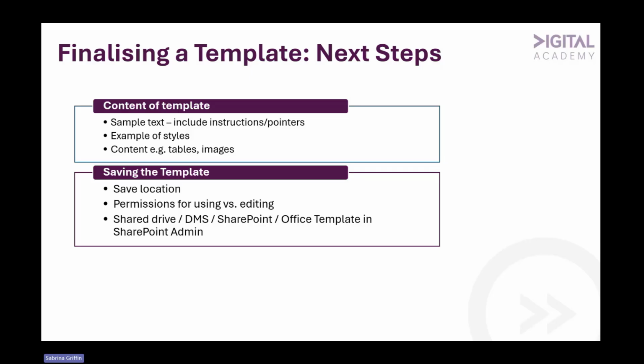It might be some common paragraphs that people use that they can just insert or remove if they don't need them. It's great to have examples of styles in there as well, even if it's just a placeholder, because styles is an area that people often aren't that confident with. So giving them an option to go in, even if people are just copying and pasting those styles throughout the document so that they're able to apply those, and then, like I said, any additional content.